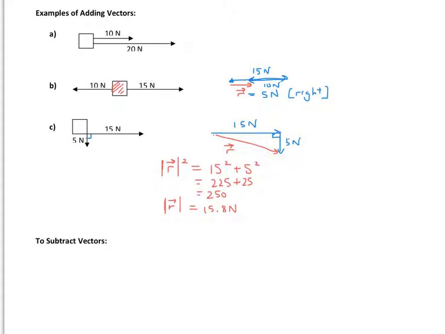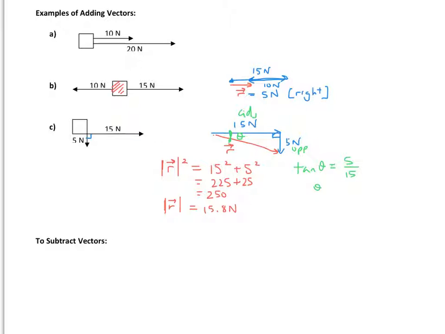So our direction, what I'm going to do is calculate this angle between the resultant and the 15 Newton vector. And because I've got a right triangle, I can use my SOHCAHTOA. So this makes it a nice opposite and adjacent. So tan works wonderfully for this one. Tan of theta is going to equal 5 over 15.